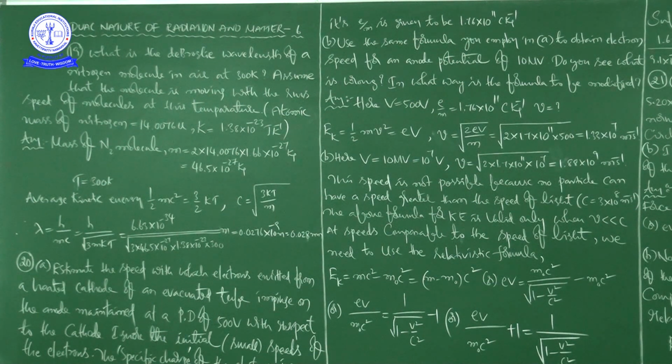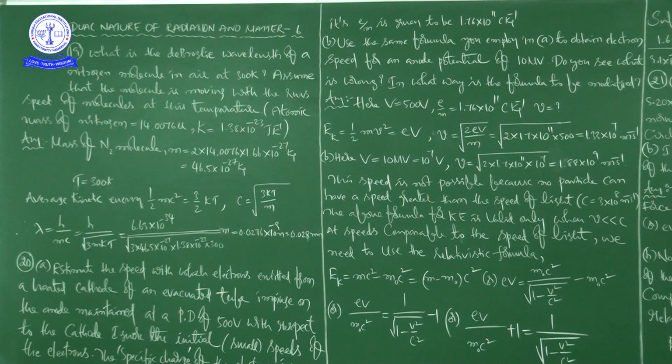So regarding part A in the 20th question, he is asking to estimate the speed of the electrons emitted from a heated cathode in an evacuated tube that impinge on the anode maintained at a potential difference of 500 volts with respect to the cathode. And this is the given value, e by m is 1.76 into 10 to the power of 11 coulomb per kg.